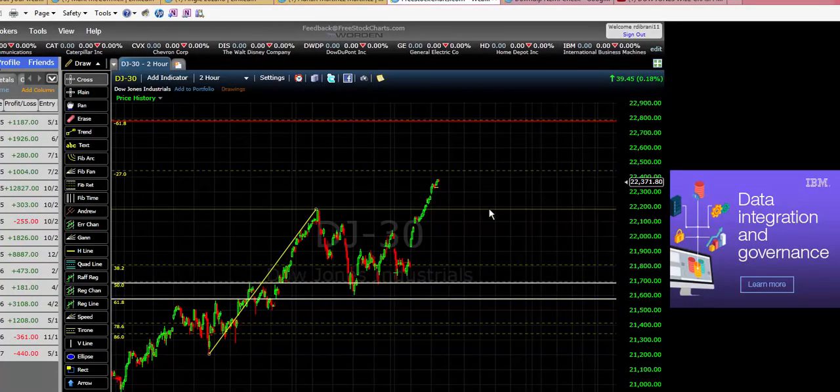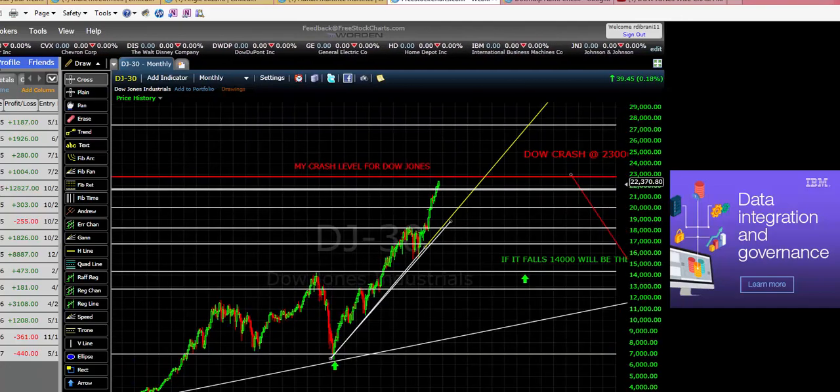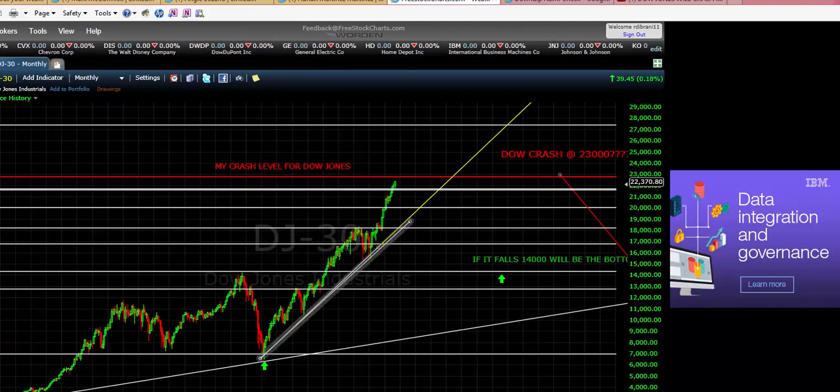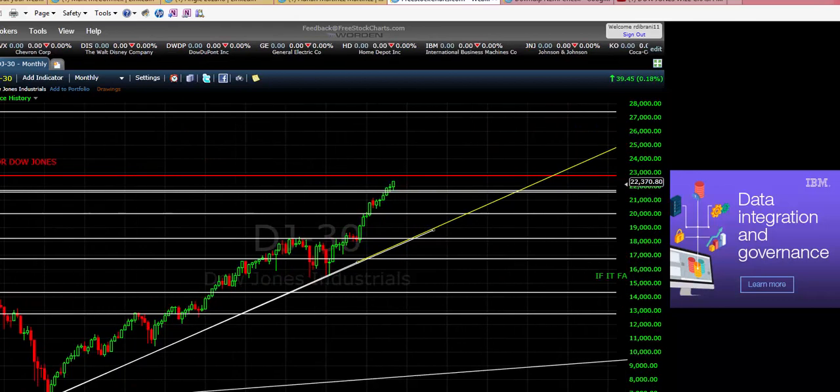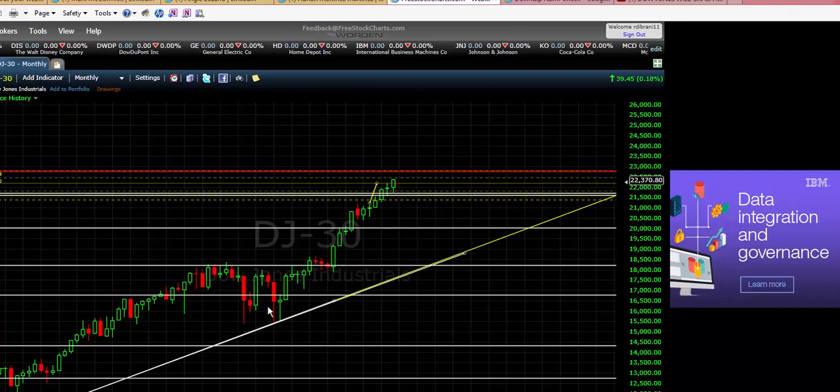Okay, so Dow Jones, and we're slowly making it to that 23,000 level that I've been calling, by the way. The Dow Jones has only been going up and up and up since that Brexit thing a couple years ago, from 16,000 to almost 23,000.